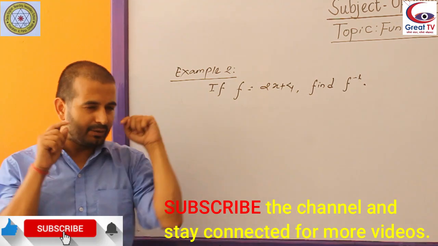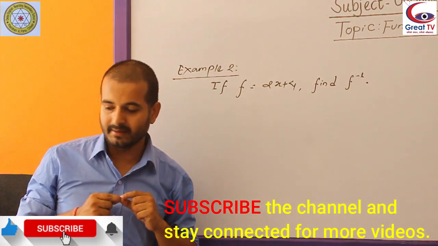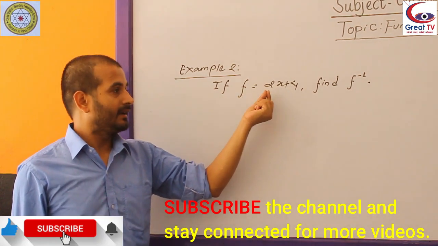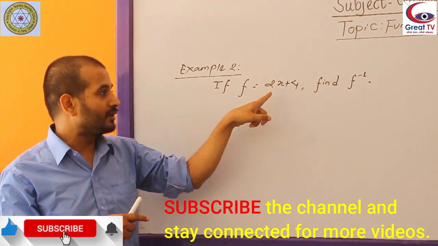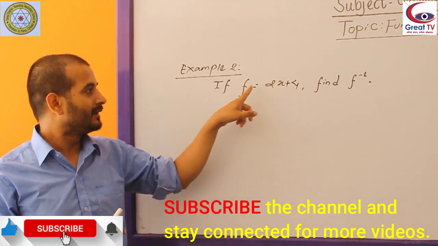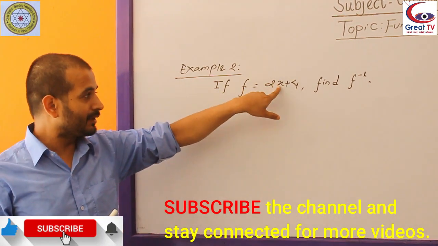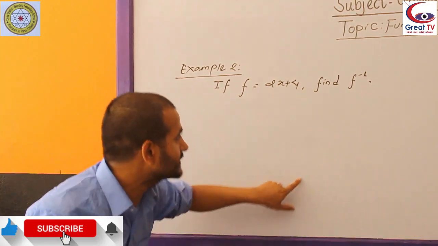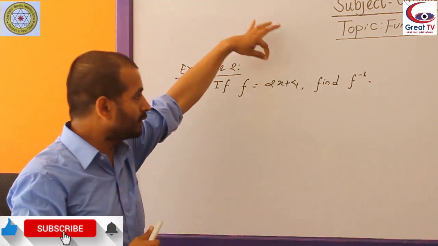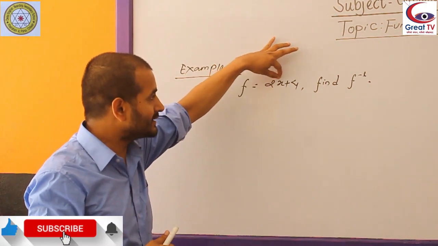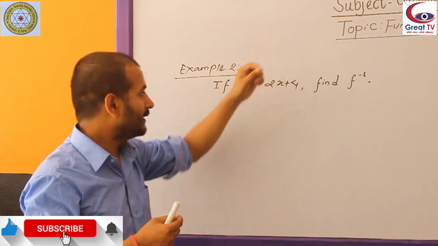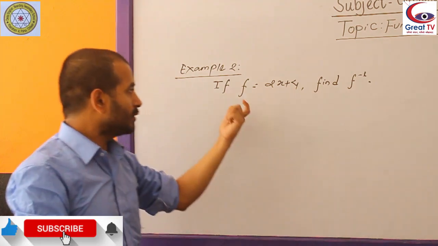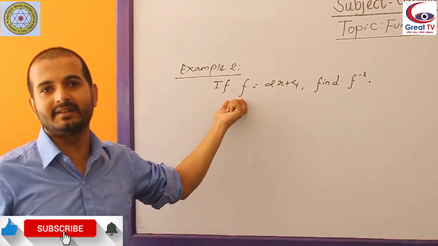So now we have to use simple logic. Remember, function f processes the input by 2x plus 4. So x is the input, the domain set, the first set. And when you put x there and it goes for processing, you will get the output, that is the codomain, the range. So here f itself represents the range.